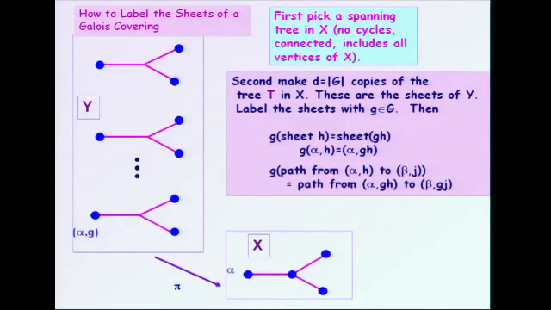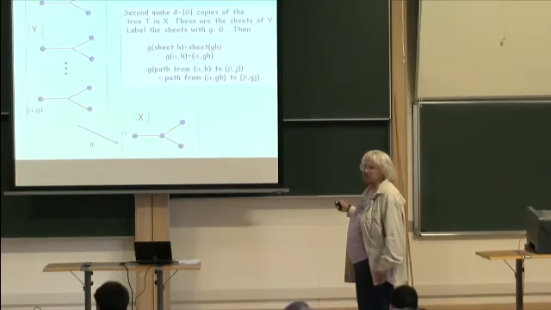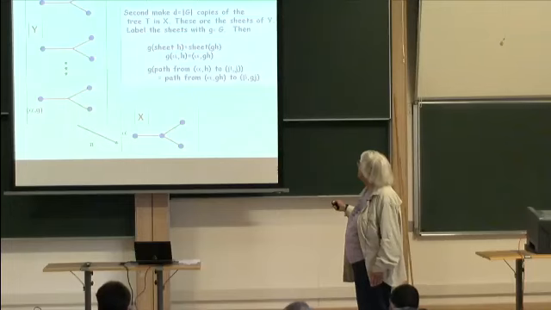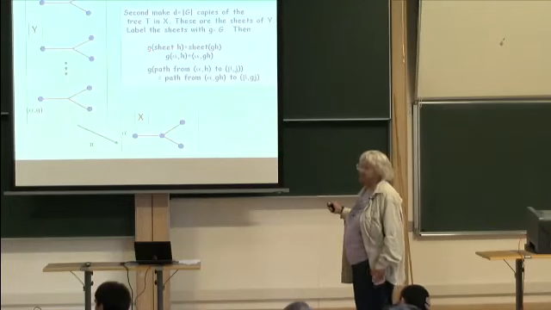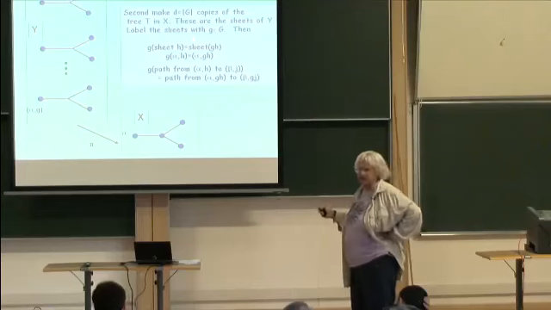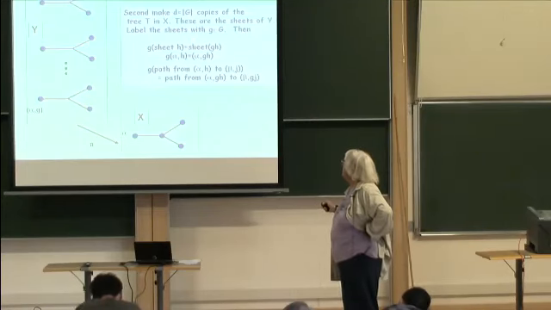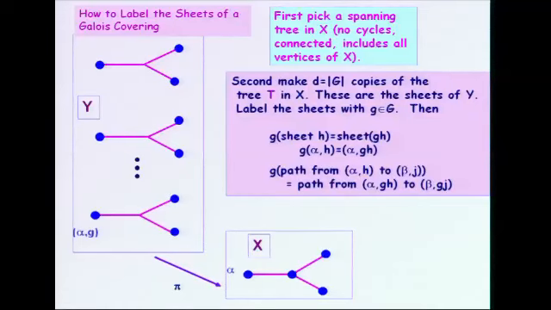So I'm imagining that G acts on the sheet H of the covering to give me the sheet GH, and G acts on alpha H to give me alpha GH. And then G of a path that goes from alpha H to beta J in the covering will be the path from alpha GH to beta GJ.